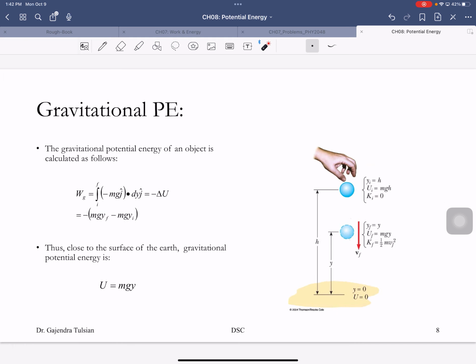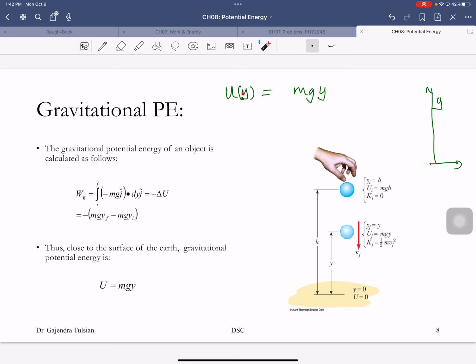All right, so now we will find the expression for gravitational potential energy. Gravitational potential energy changes in that direction, and generally we call that direction y. So I'll give you the expression in terms of y. It will be mgy.